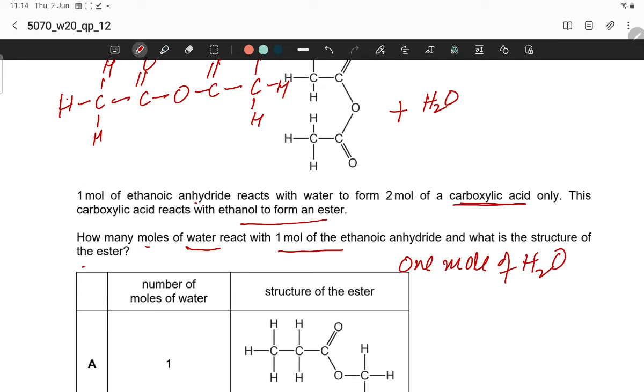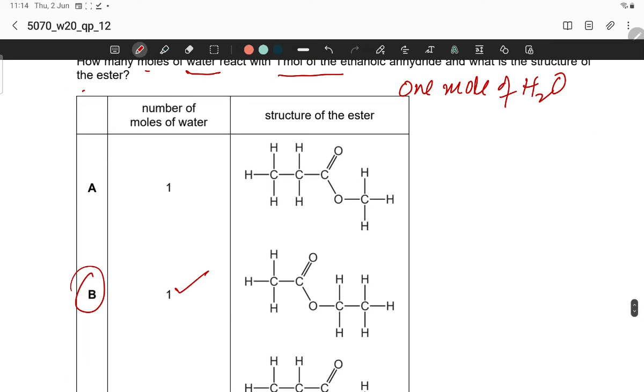Moles of carboxylic acid only. This carboxylic acid reacts with ethanol to form ethyl ethanoate. So this must be correct.